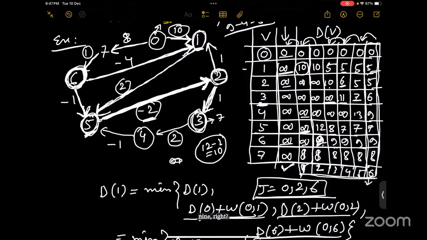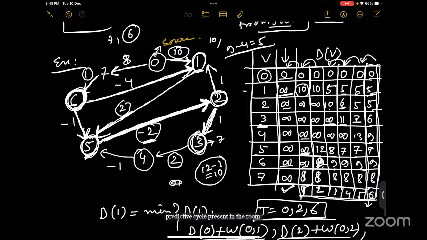Ma'am, he's saying that if we do this process one more time, the distance of 4 will become 8. Yeah, he's saying that. Okay, then maybe there is some negative cycle present in the graph. Yes, ma'am. So we have to check if there is any negative cycle present in the graph.